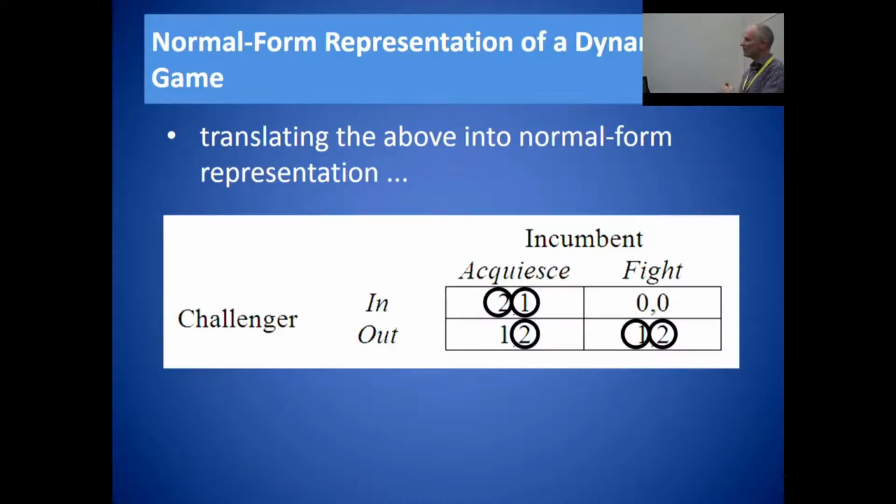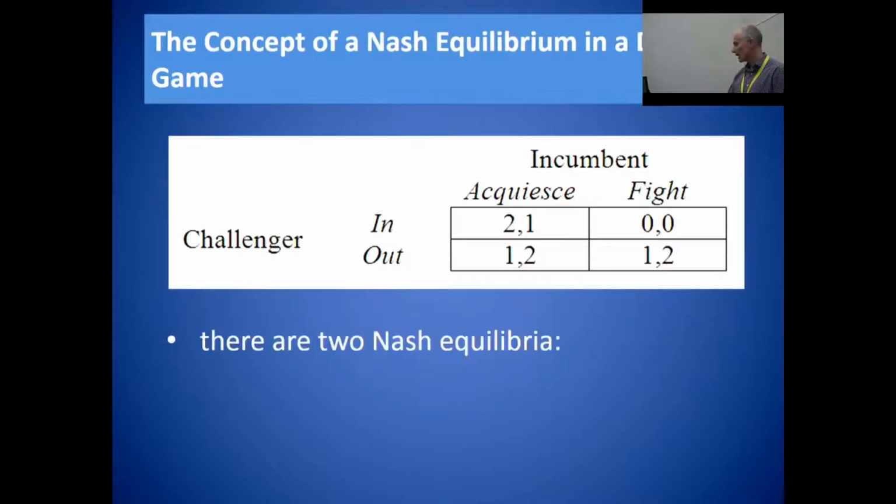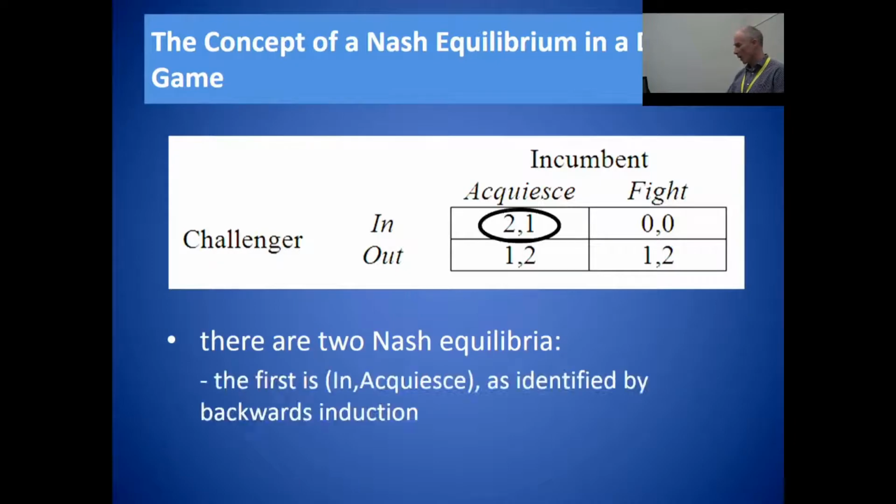So in this game, as we've represented it in its normal form, there are 2 Nash equilibria. 1, which is the outcome that we identified by that process of backwards induction, and that one that intuitively the majority of you also identified.